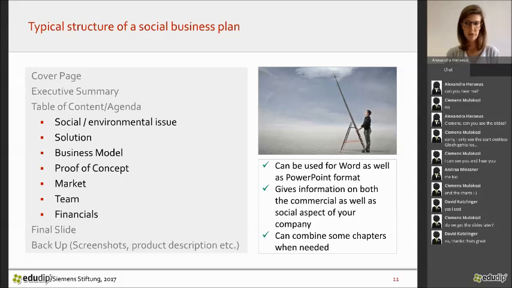The business model can also comprise, if you have something that you want to talk about in this context, the impact that you're reaching with it.